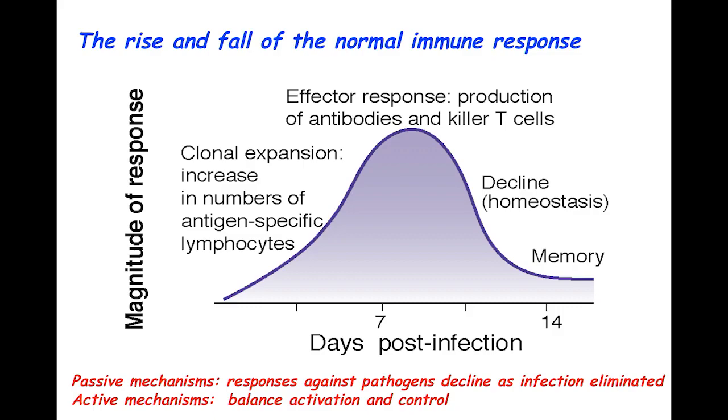The T cells can differentiate into the helper T cells that can help B cells make antibodies and can enable cytotoxic T cells to differentiate that then can kill the virally infected cells. After the pathogen is gone, there is a decline in the immune response referred to as homeostasis, and then a transition to memory.